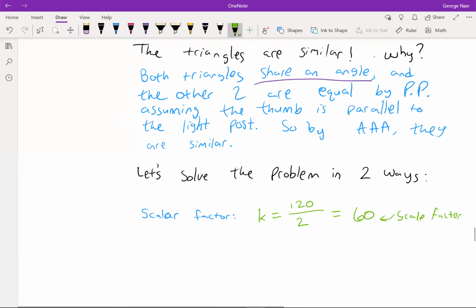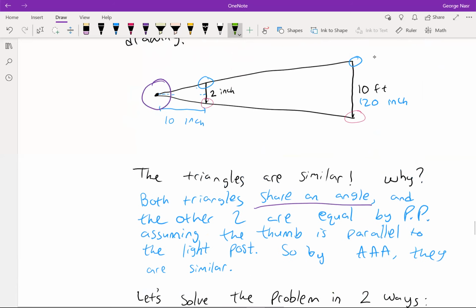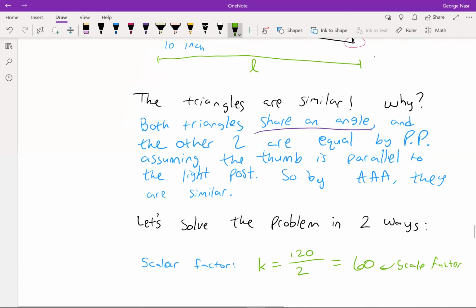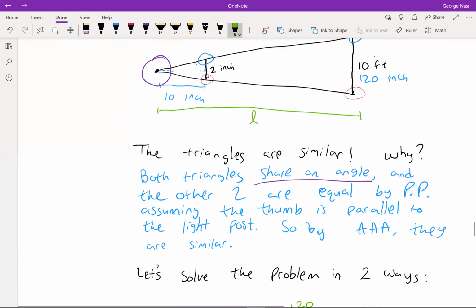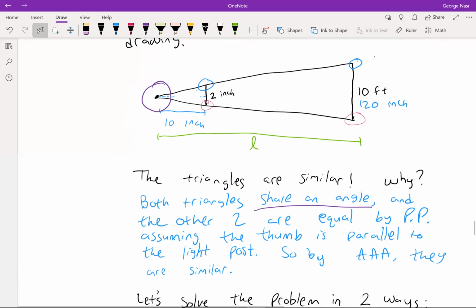So that's the scale factor. These triangles are similar. So if that small length is 10 inches, let's call this L. Then to find the length of the big triangle, to find how long that distance is, these triangles are similar, so the proportions should scale similarly.